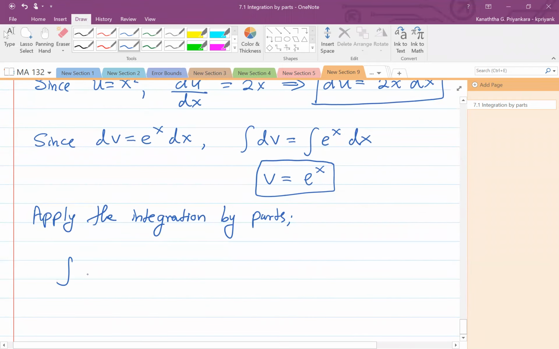So you get integral u dv equals uv minus integral v du.